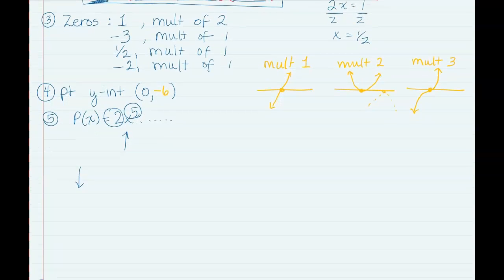So here we go. I'm going to get x and y axes. Now I'm going to give you dotted paper, so you can make your axes whichever size you want. But more importantly, it's so that you can choose whatever scale you need appropriately. So notice I have a half right here. So what I'm going to do is go by halves.